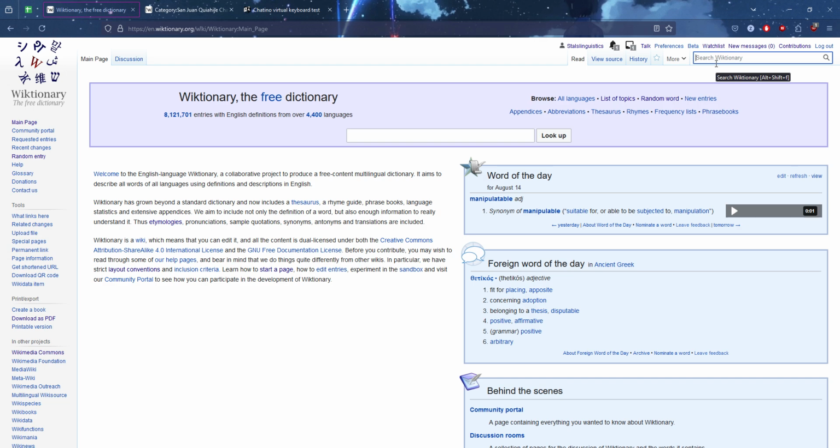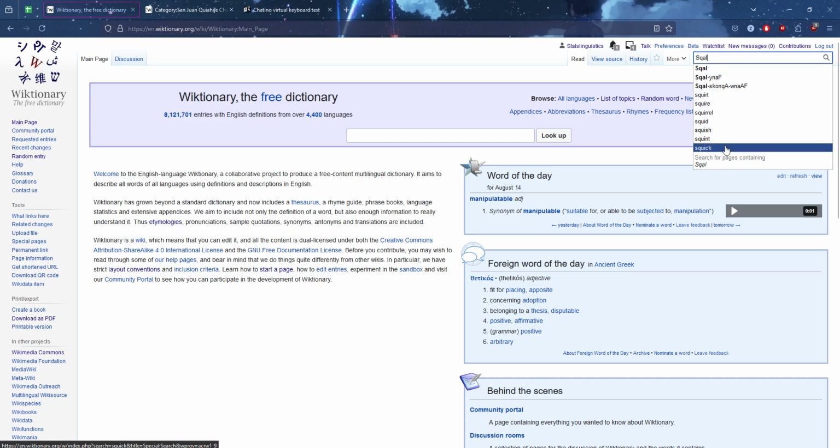I'm going to go ahead and look up the worm definition again. You'll see that sometimes Wiktionary will offer different definitions. You can explore those as well, although that's not necessarily what you're going to be looking for. They will sometimes give you related definitions or words that have that same word.